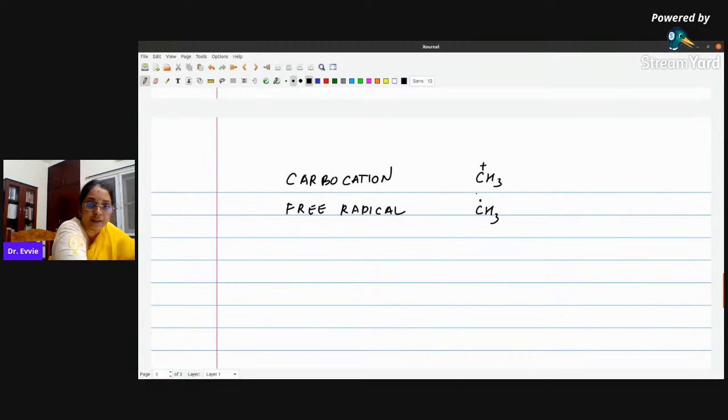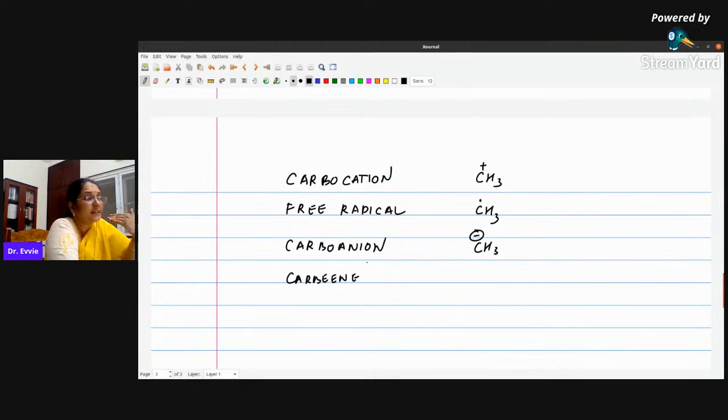I told you a free radical is formed by homolytic fission. Then you have the carbanion, which will have a minus charge. Then you have some more things like carbene and so on.